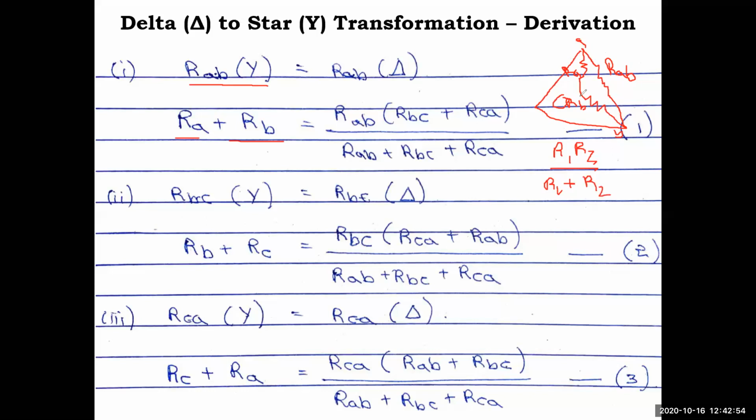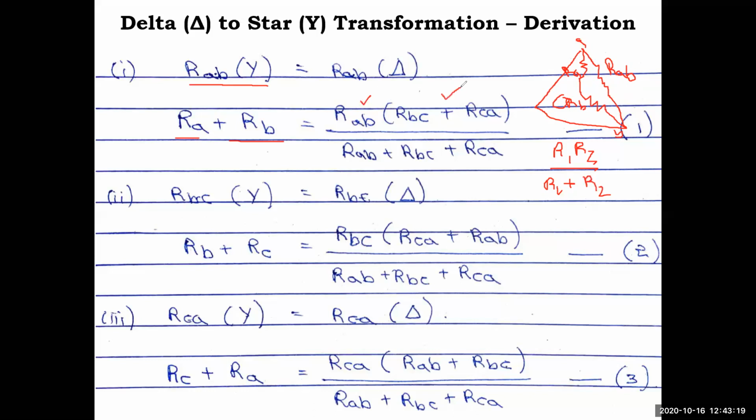In the same way, in the Y network, we have told RC is open circuit. So RA, RB and this RAB, and there are two resistances, RBC and RCA. Now they become series. This is not open circuit now. These two are in series. So these two resistances' equivalent is equal to RAB. This is R1 here and R2 here. R2 is nothing but this resistance in series.